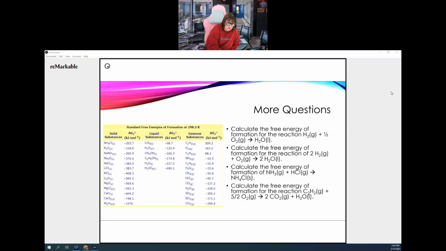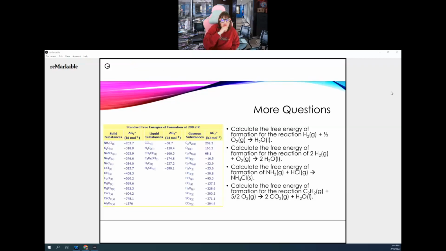Now, these are calculations for free energy. I'm going to set them up for you, but I'm not actually going to calculate them. So my H2O liquid, H2O gas, where's my H2O liquid? It's not even in there.